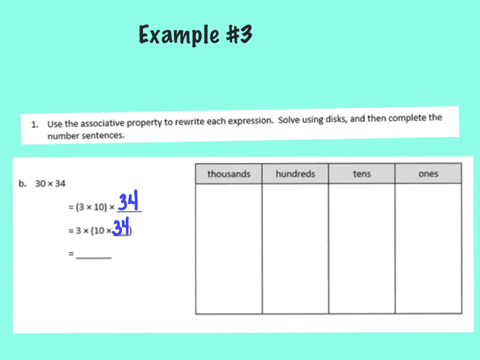34 can be shown by placing 3 in the tens and 4 in the ones. When we multiply by 10, we know that we can just shift these numbers one place value to the left. Now we have 3 in the hundreds place and 4 in the tens. To multiply this by 3, we are going to do this 3 times.